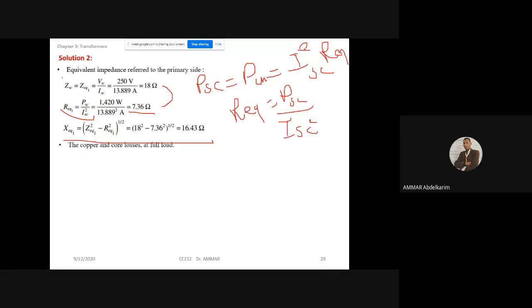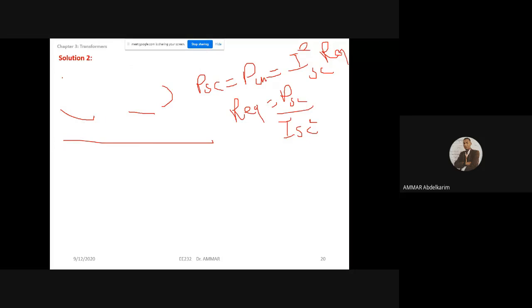Now let's calculate the copper loss and core losses. Of course, directly the copper losses are the short circuit losses, as we have.